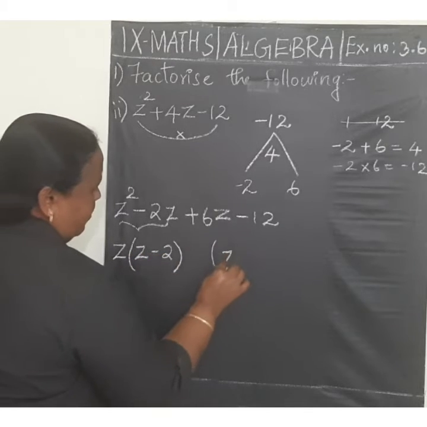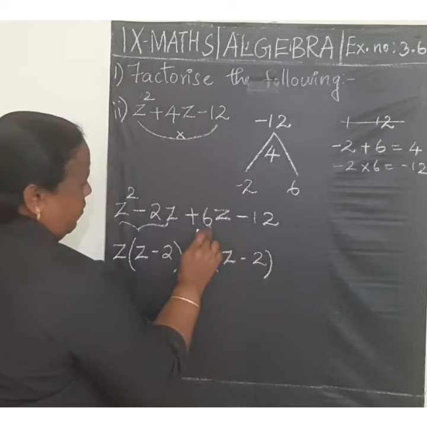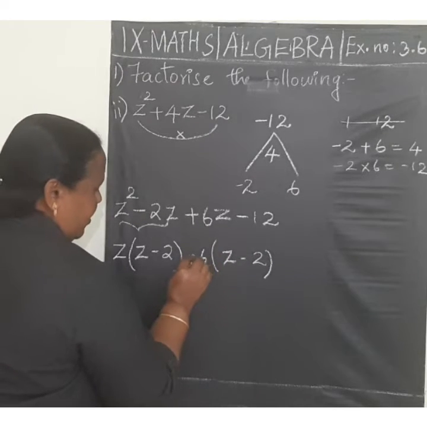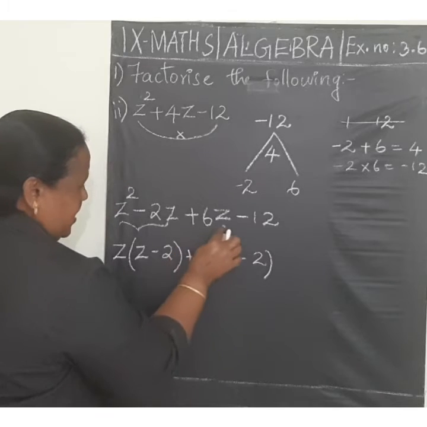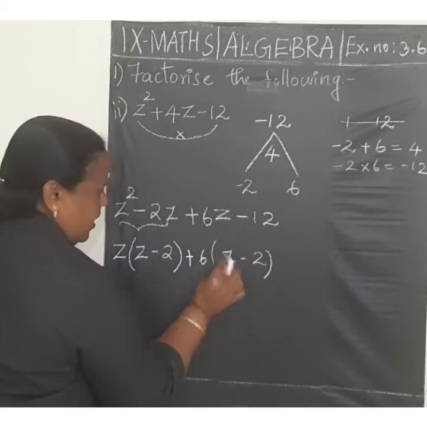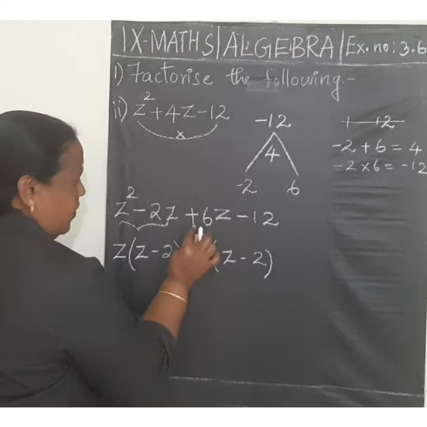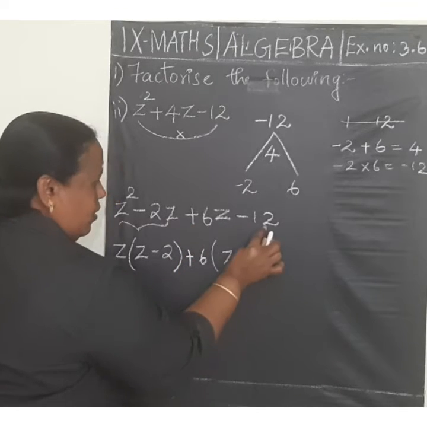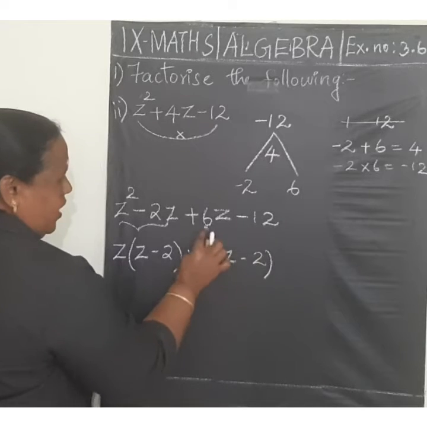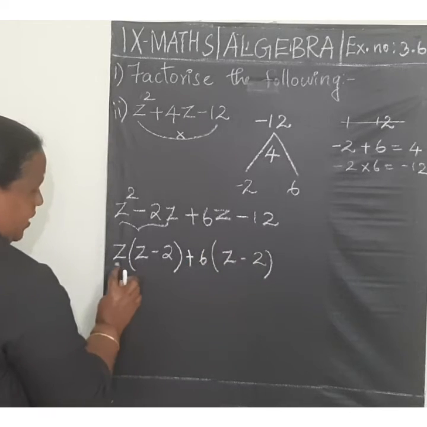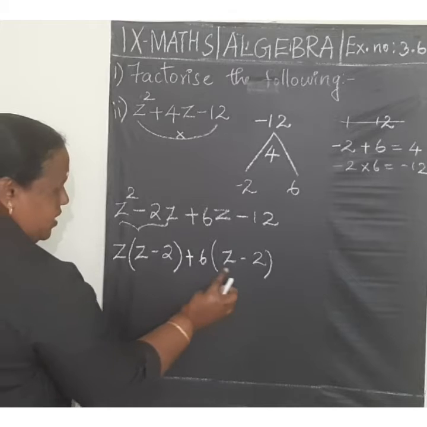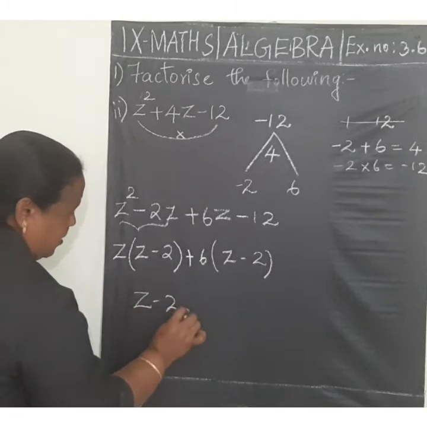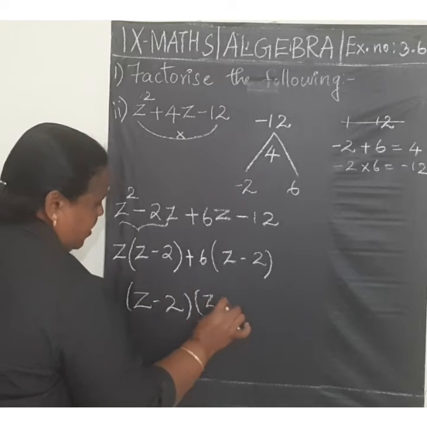So we'll write here also z minus 2, but we want here 6z, so we have to put here 6, then plus sign here, plus 6z is there. So when 6 into z, 6z, if we put plus sign only, we'll get here plus 6z, 6 into minus 2, minus 12. So we are getting this term. Now in this one, z into z minus 2 plus 6 into z minus 2, z minus 2 is common. So z minus 2 into z plus 6.